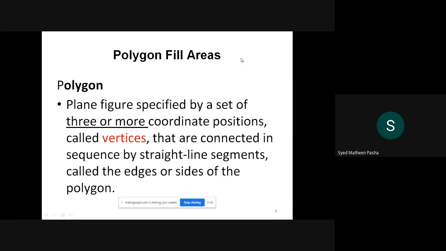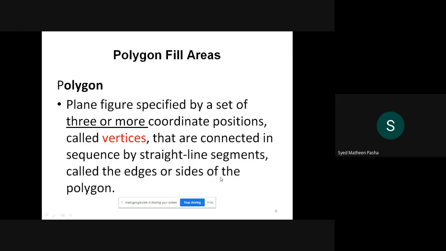A triangle is a polygon, right? Such examples come under polygons, which are connected in sequence by straight line segments called the edges or sides of the polygon.